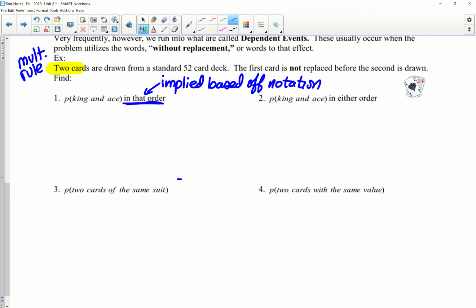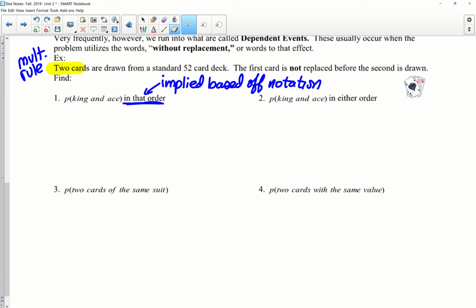So it's actually an extraneous statement, but since we're just getting our feet wet with this concept, it was worth saying it this time. If I say probability of a king and an ace, even if I don't say in that order, I mean in that order. I mean, we all do. So if you write that, you mean in that order also. The only time I mean in either order is when I say in either order, right?